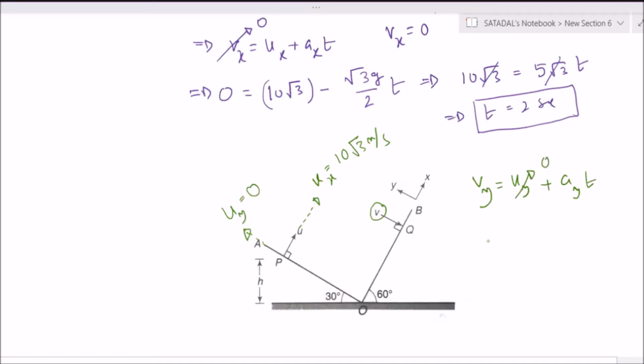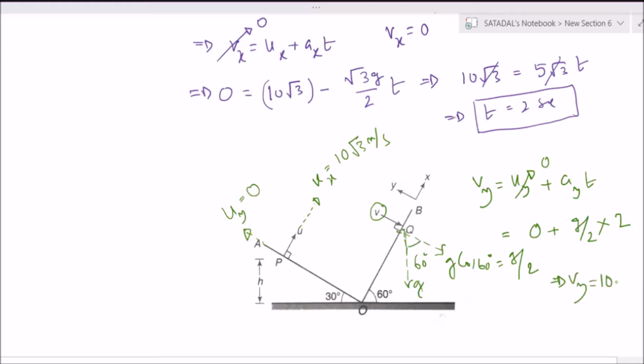Uy is equal to 0. This is g, this is 60 degree. g cos 60 degree means g by 2. So what is the y acceleration? 0 plus g by 2 into time of flight, which you have just said is 2. So Vy is coming to be 10 meter per second. But remember, direction is downward. So the second part of the question is also over.